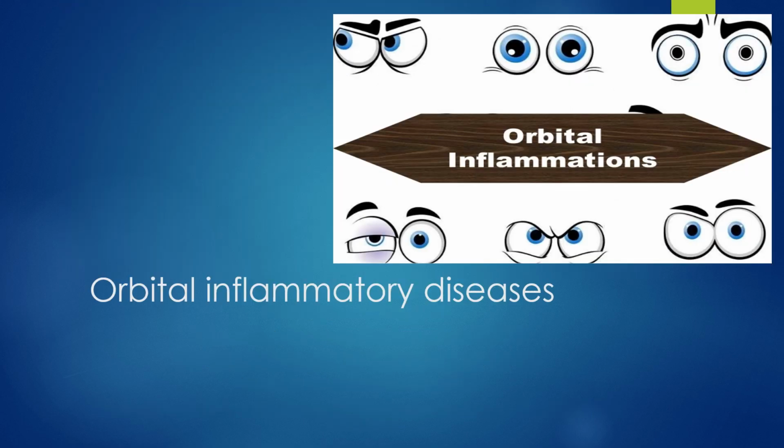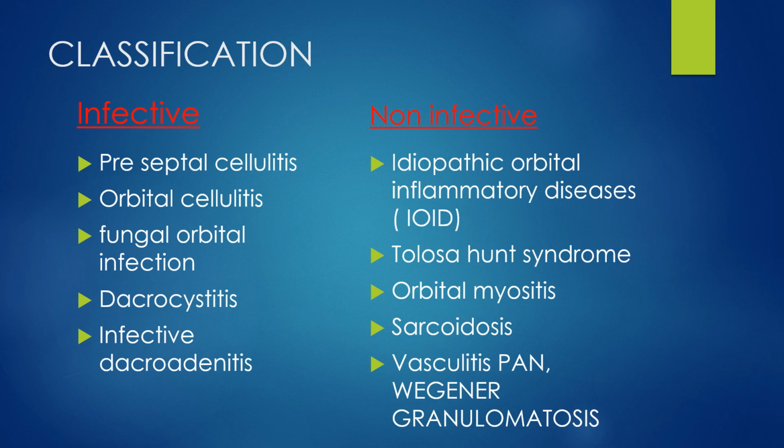Today we are going to discuss orbital inflammatory diseases. These have been classified into infectious and non-infectious. The infectious diseases are pre-septal cellulitis, orbital cellulitis, fungal orbital infections, dacryocystitis, and infective dacryoadenitis.